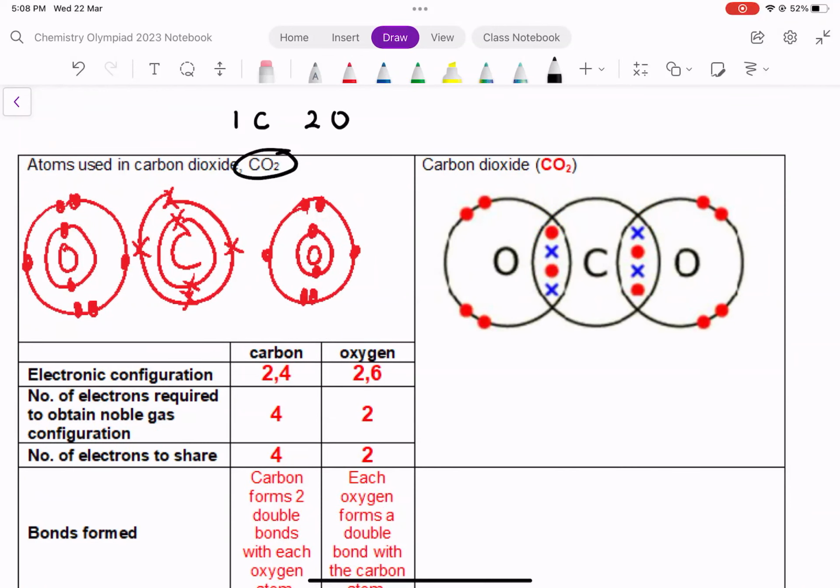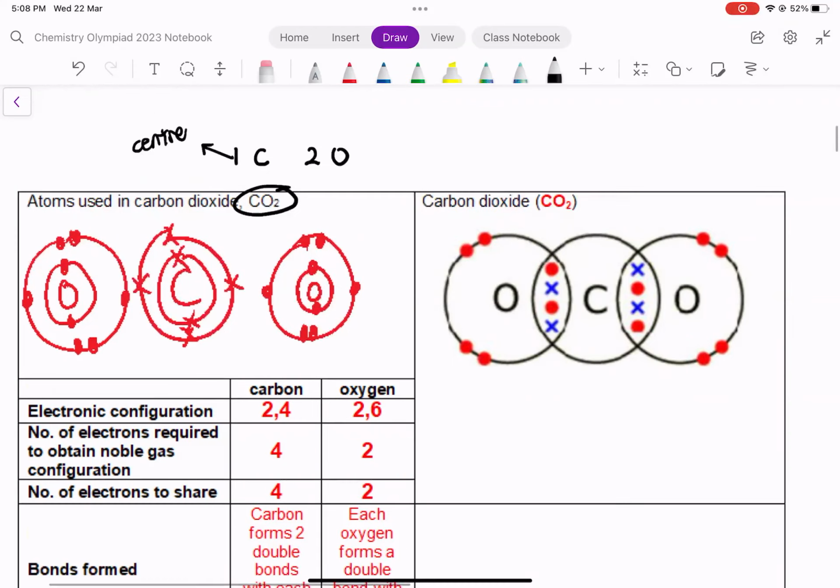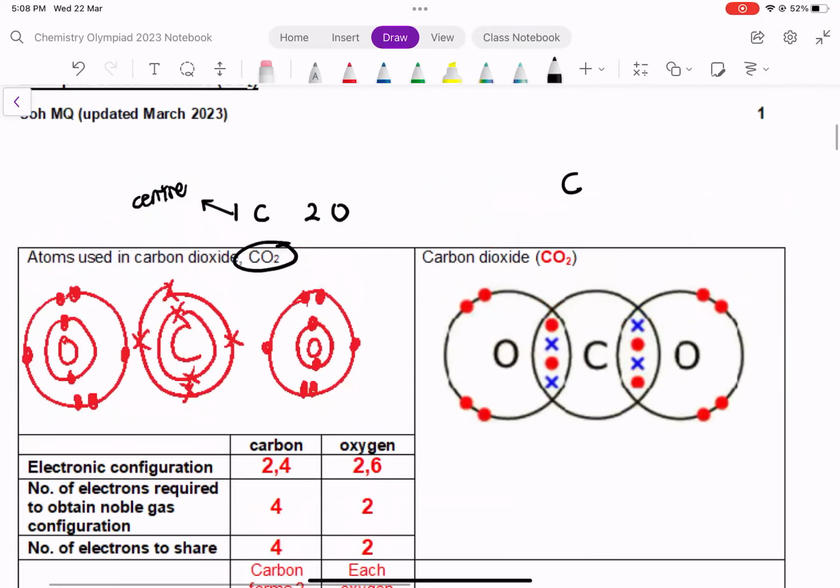Carbon is in a lesser number, because you only have one carbon atom, so carbon goes into the center of the molecule, and oxygen goes to the sides.